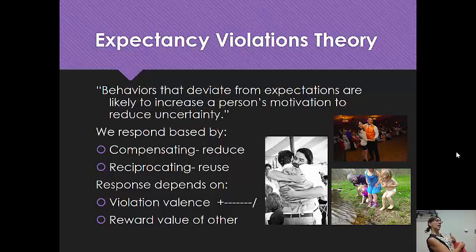If we didn't like the touching that someone was engaging in with us, in this case she was like kind of grappling her around the waist, we would put distance between ourselves and the person who's touching us. We wouldn't lean in. Instead, we would compensate. We would reduce that. We would turn our body and we would go, what? Don't touch me. No, thank you. Right? If someone puts their arm around us and we don't want their arm, we would compensate. We would reduce by basically getting space between ourselves and that person's arm.